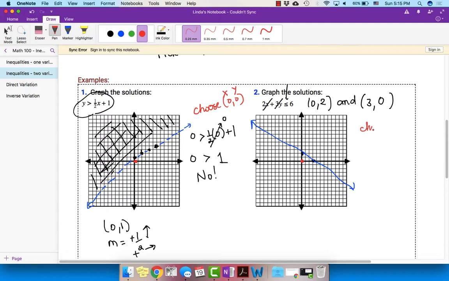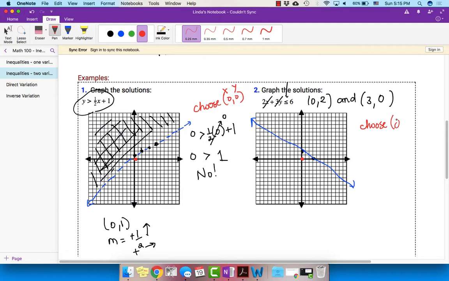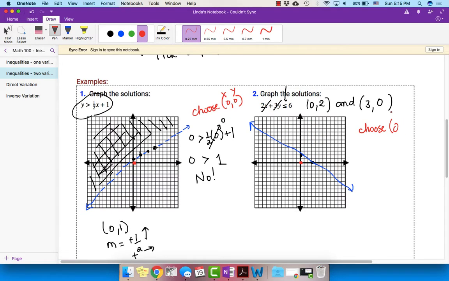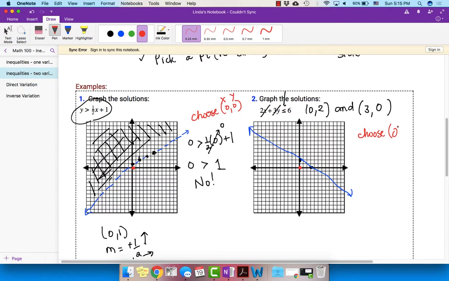So I'm going to choose 0, 0. Okay, and then I'm going to plug into the inequality here. So 2 times x, which is 0, plus 3 times y, which is 0, is less than or equal to 6. Let's simplify that. 2 times 0 is 0, 3 times 0 is 0, so 0 is less than or equal to 6.